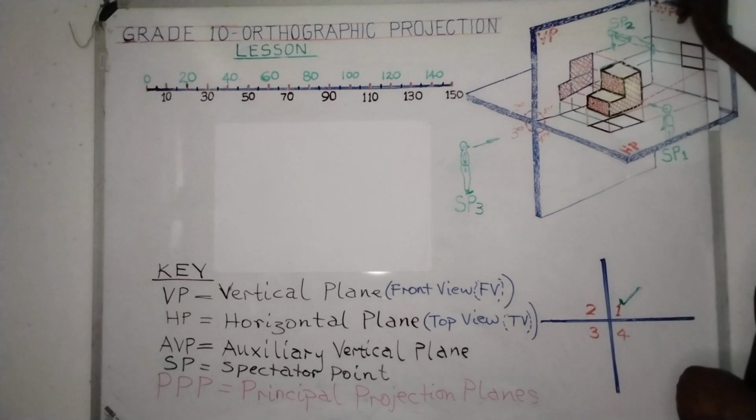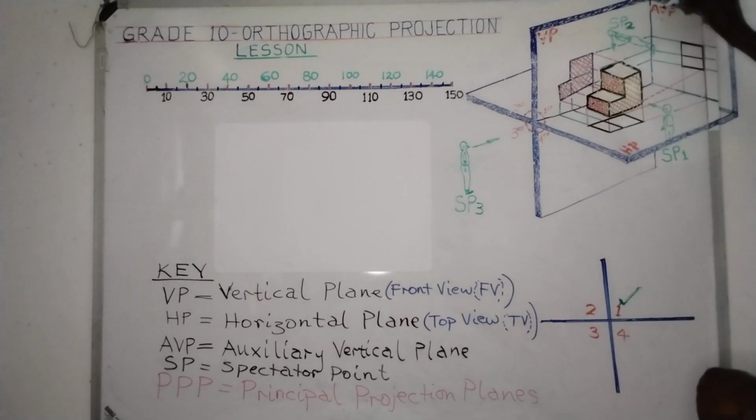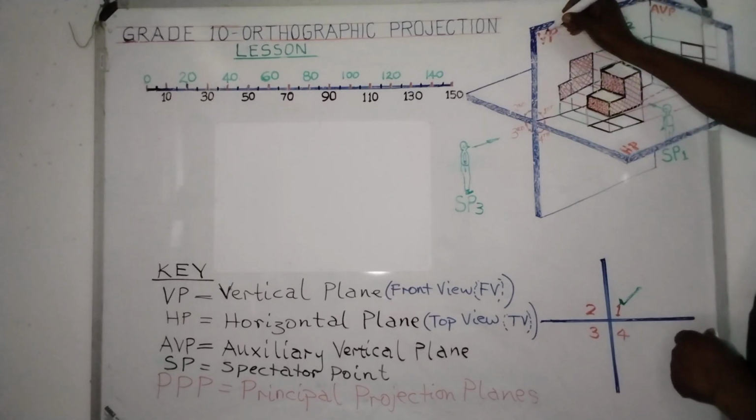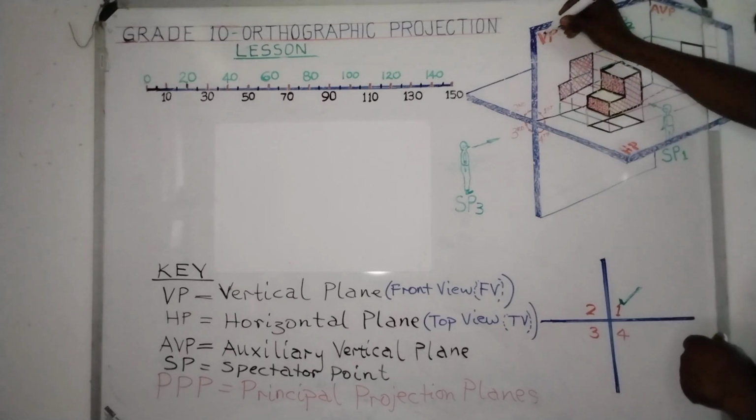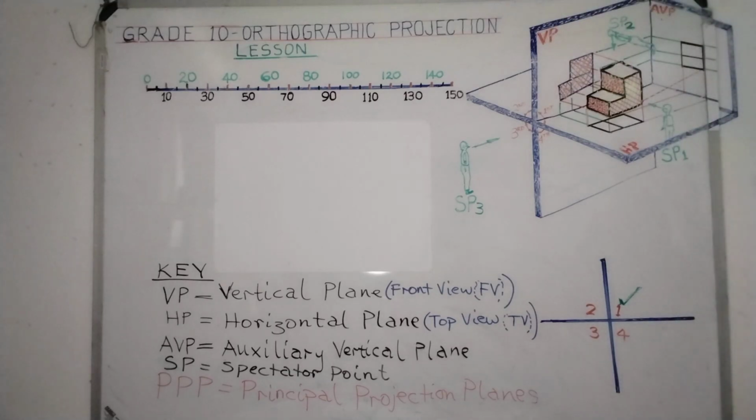So now I'm going to name that view. Because you are standing here, you have gone upwards to view it from the top. That's why it's known as top view. And then you have come from SP1, you have come to the left side, because this is your left side, right? So you are viewing it from the left side.